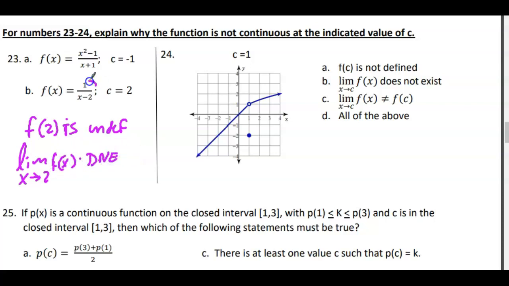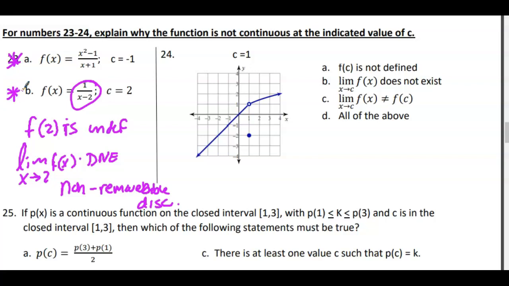Because this is not a removable discontinuity. There's no factoring or anything you can do to get rid of that limit. And so this is a non-removable discontinuity.